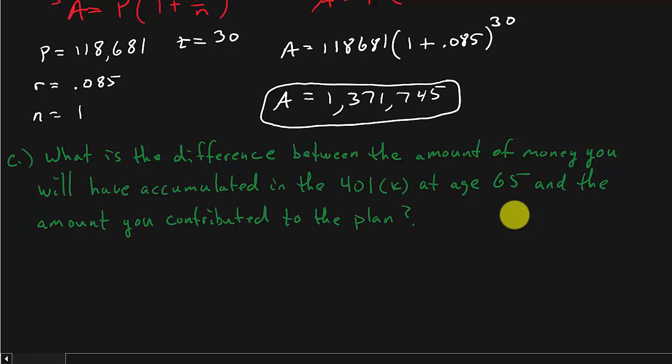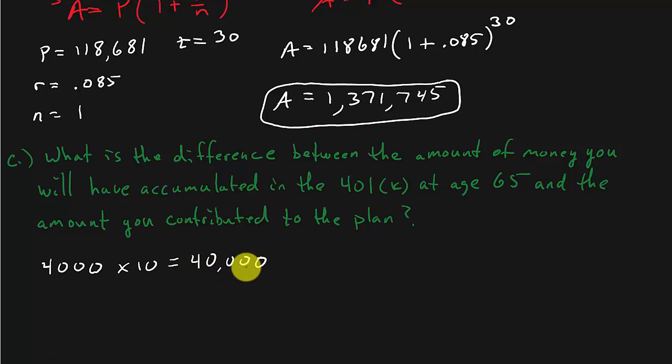We contributed $4,000 per year to the 401k for 10 years, right? All right. So we did the 4,000, okay, and we did that for 10 years. So that's times 10, and that equals 40,000, right?